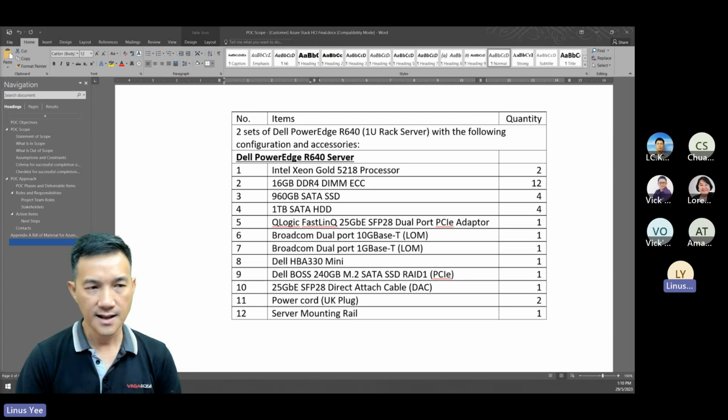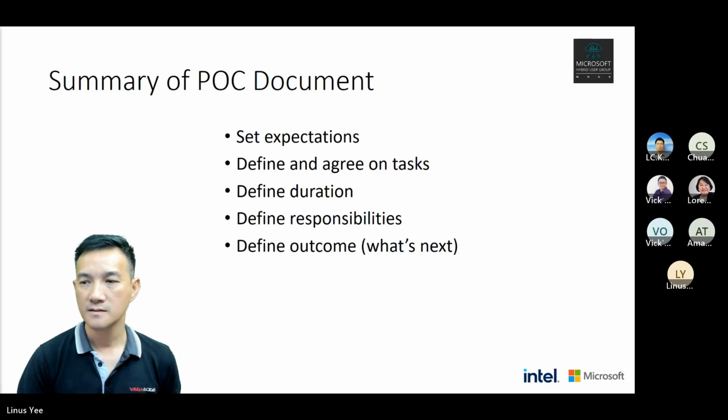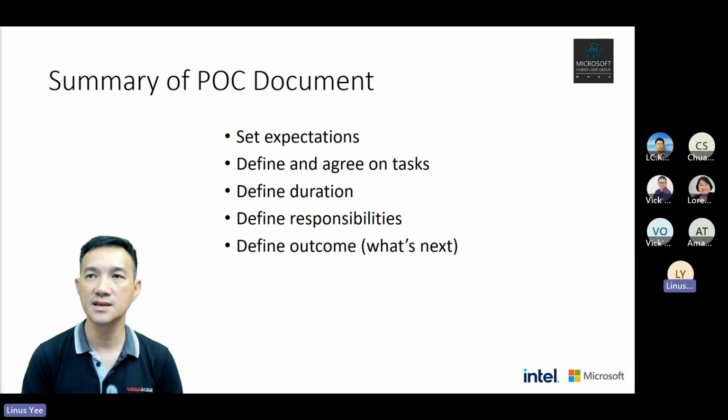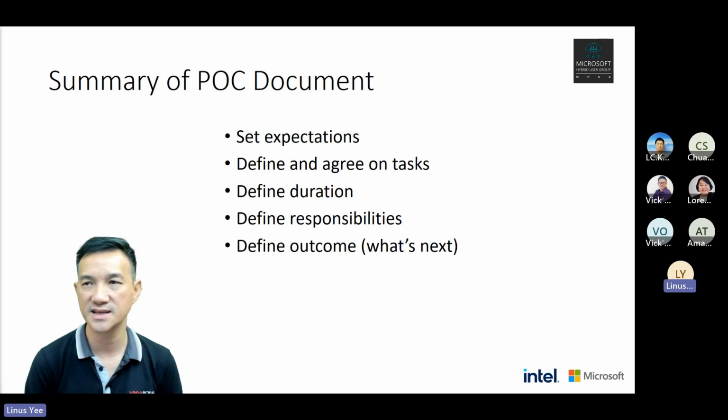Then I'll move back to my slide. I ran through it with you in the summary: the POC document needs to set expectations. The objective is where we set the expectation.